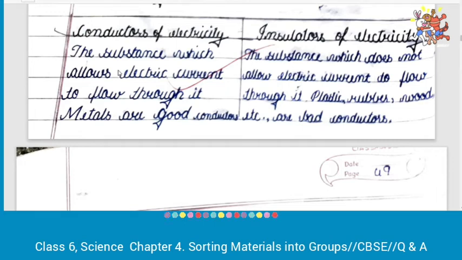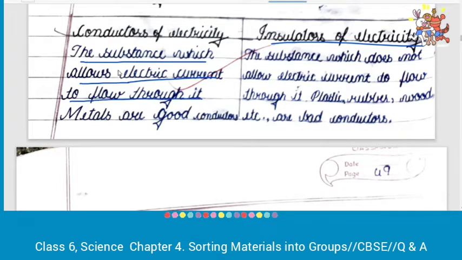Good conductors of electricity and bad conductors of electricity, or conductors of electricity and insulators of electricity. The substance which allows electric current to flow through it are called good conductors of electricity.